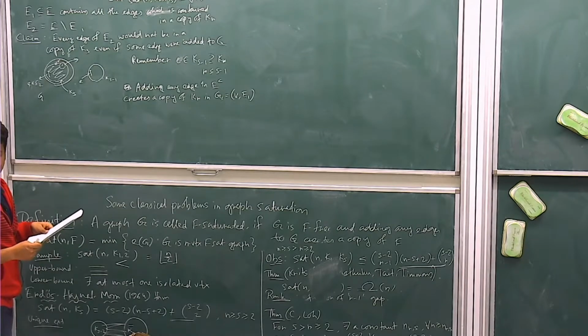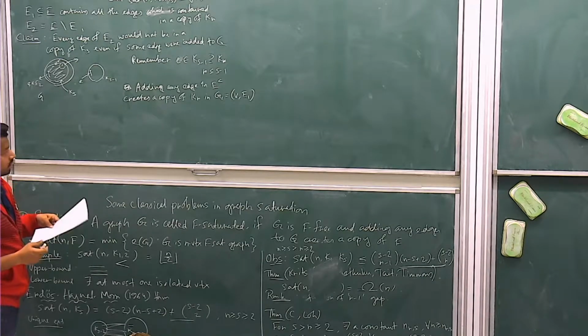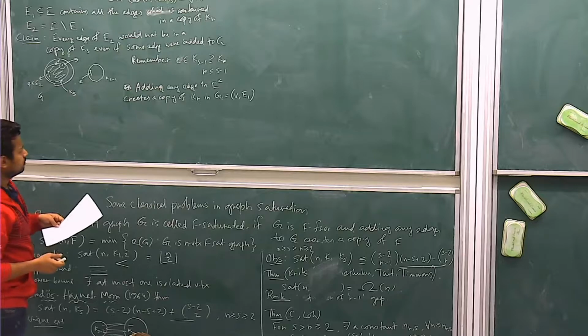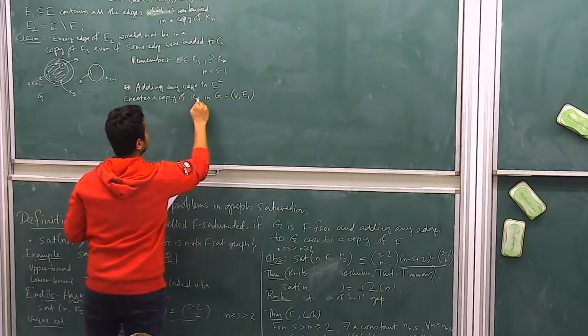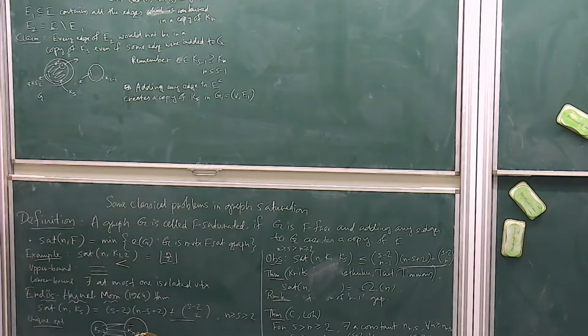Question: creates a copy of Ks? Yeah, that's correct. We are looking at a Ks-saturated graph, so yes, it should create a copy of Ks. Thank you.